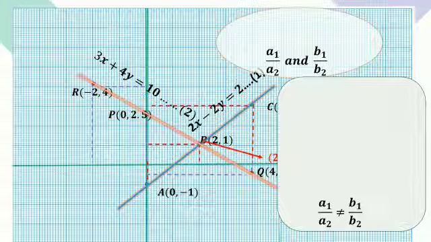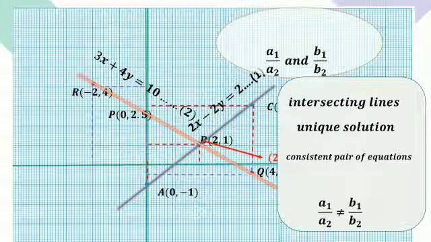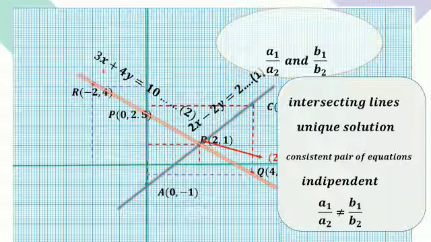In such cases, we get intersecting lines. So such a system of equations has a unique solution. So it is said to be a consistent pair of equations since it has a solution. The equations are said to be independent because the values of one equation do not depend on the values of another equation. Thank you.